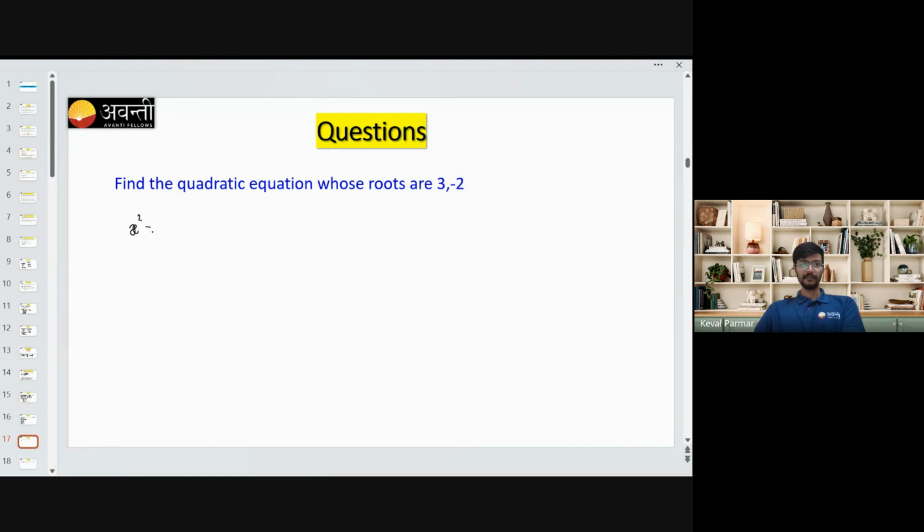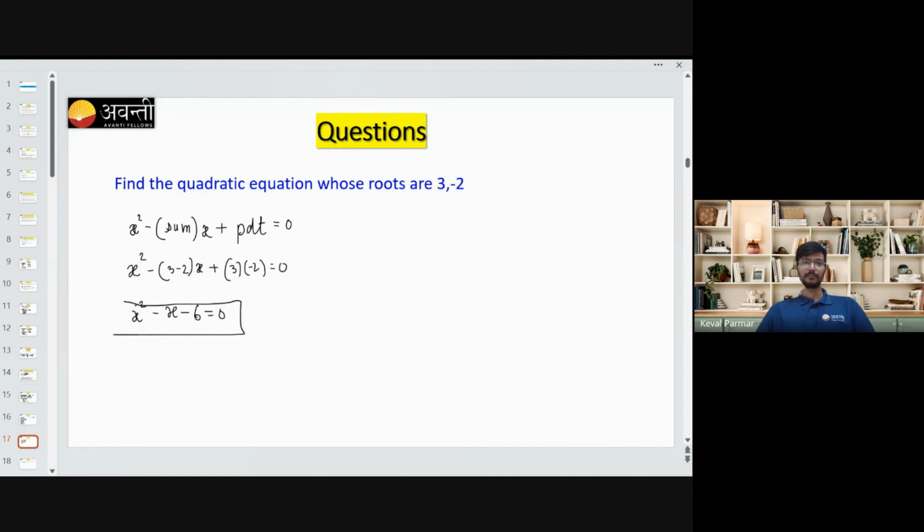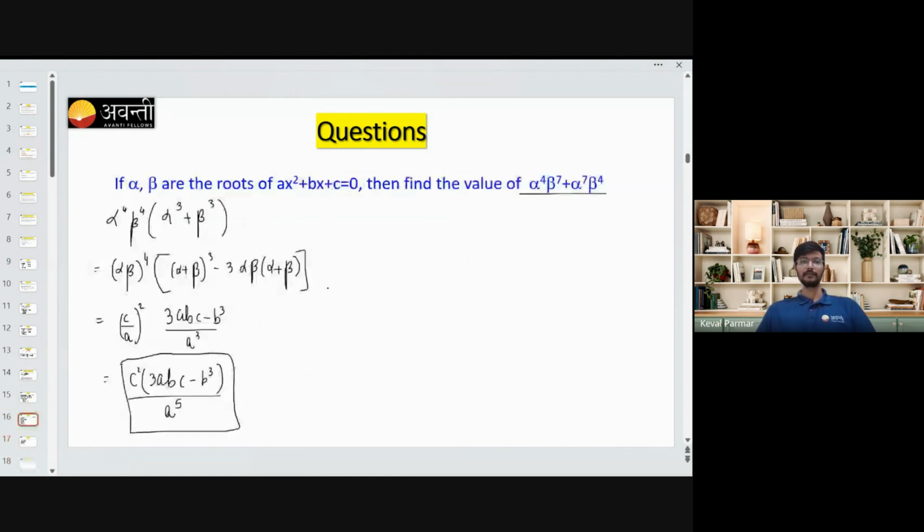I can write the quadratic equation as x square minus the sum of the roots into x plus the product of the roots equals to 0. That means x squared minus x minus 6 equals to 0 is my answer. I hope it is clear. Very simple, guys. Let's see what we have next.